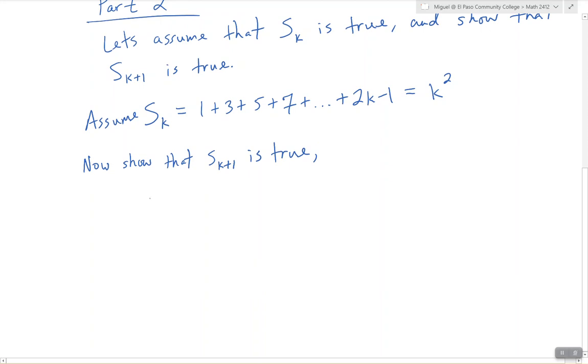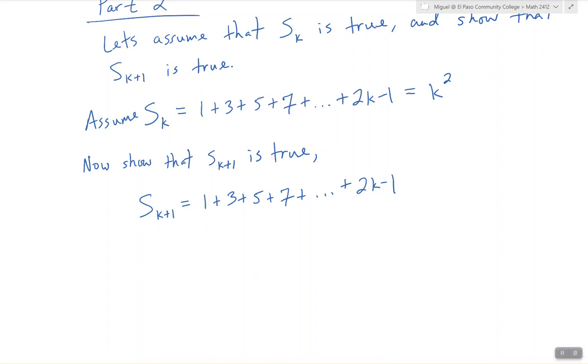So S sub k plus 1 would be 1 plus 3 plus 5 plus 7 plus all the way up to here, up to whatever that term is, right? But we're going to add an additional term here. So if our original sum goes up to, let's say, 19, then what is it like when it goes up the next term, right? 21, since we're adding odd numbers here.